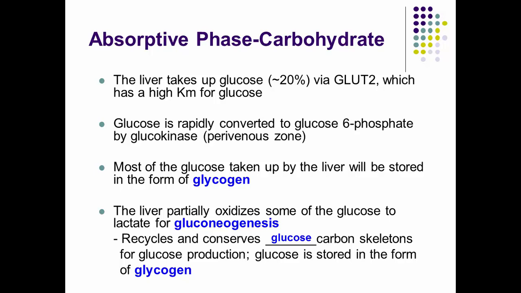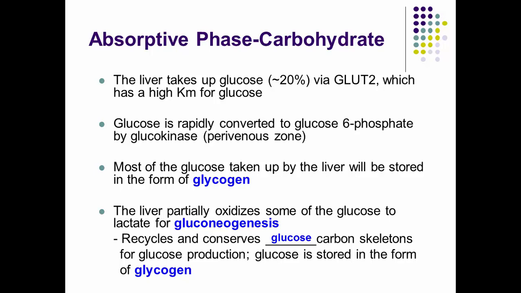Although it's still the fed condition, gluconeogenesis also occurs in the liver. But in this gluconeogenesis pathway, lactate is converted to glucose 6-phosphate and then to glycogen, not released as glucose in the fed condition.